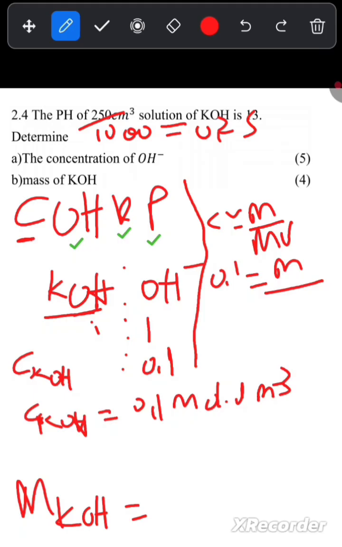That would be 56 grams per mole. So here I'm going to put 56 and 0.25 there.